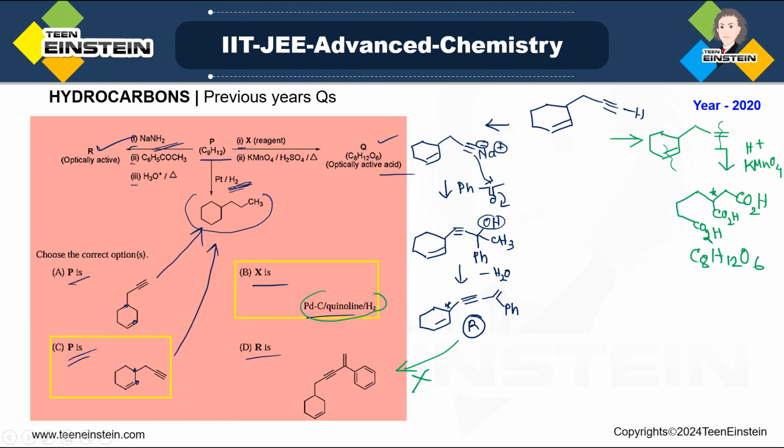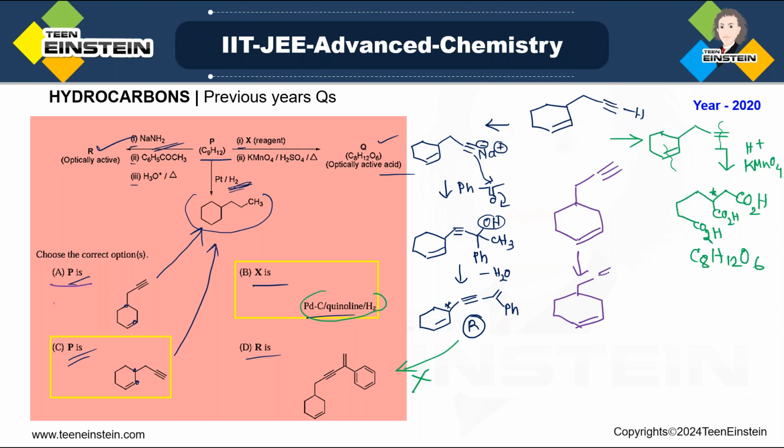Now if these two are correct, just for extra information, what is the problem if you have started with the other structure, which is this one? If you have started with this, you will see the structure of R that you will get from this. I'm just jumping all the steps.